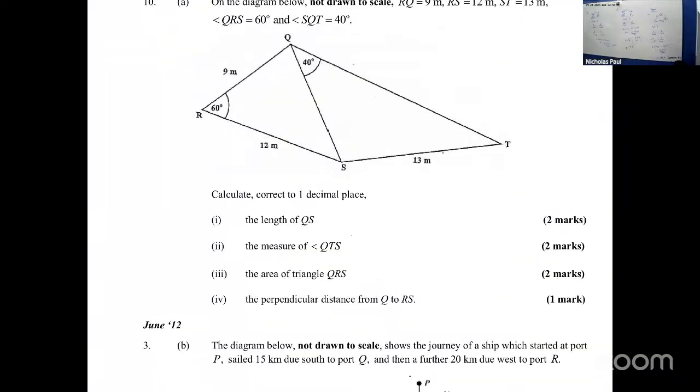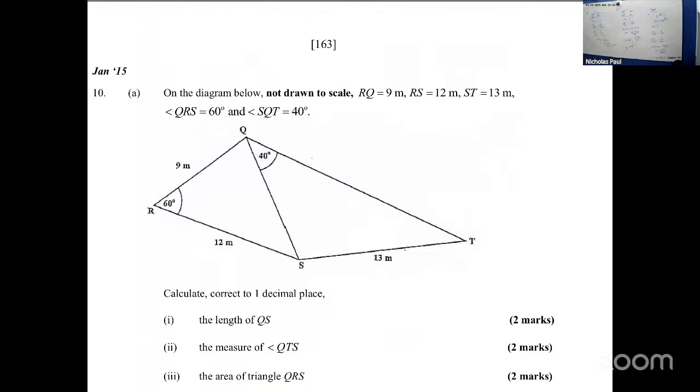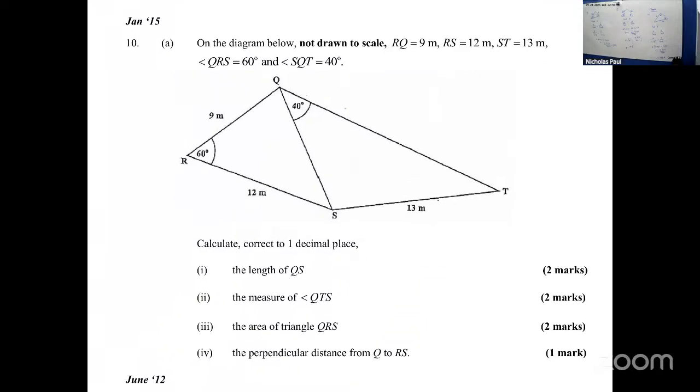So we start in here. It's our first question here. In the handout it is on page 163. I'm going to zoom up there for earlier.